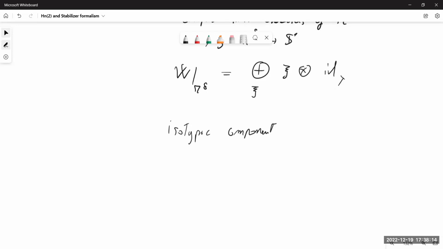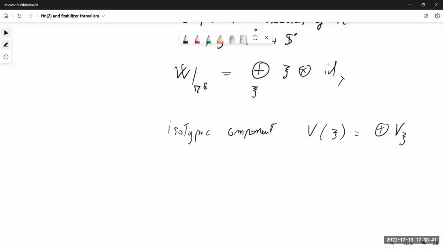The idea is that you have the direct sum of the spaces V chi, where V chi is the carrier space of psi, and this is the isotypic component.